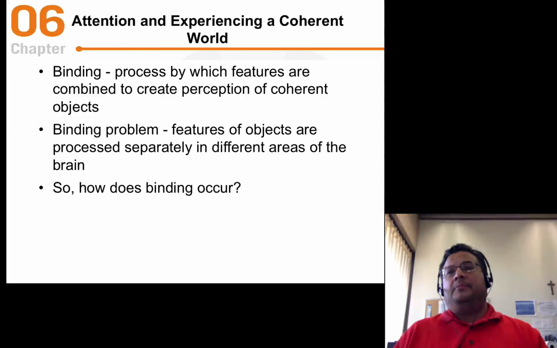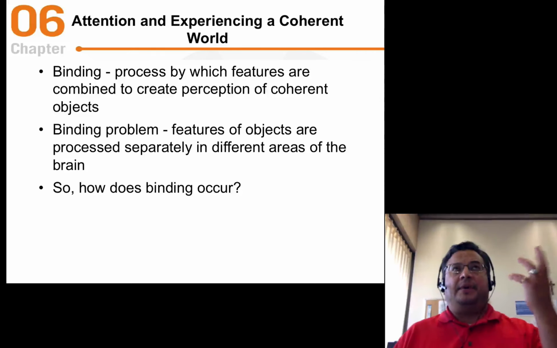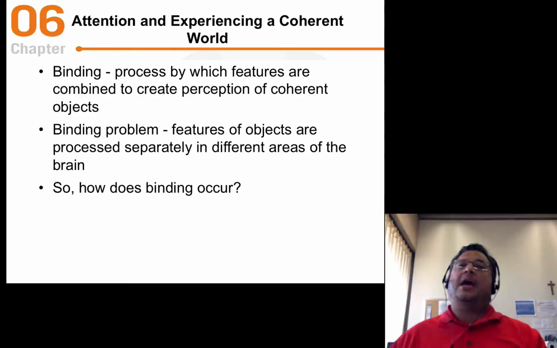But the problem with that is, how does it all get brought back together? How does it all come back together to form this unified object that we perceive in our mind's eye as a cell phone? Right? How does that work?